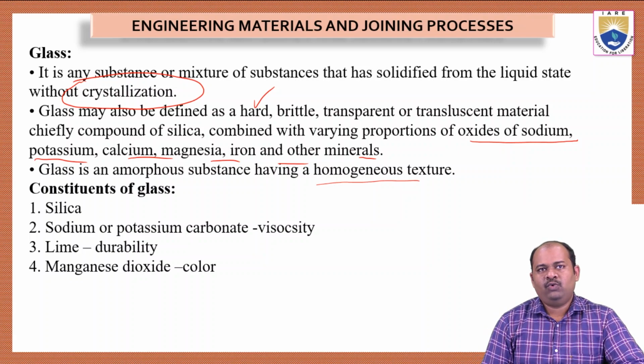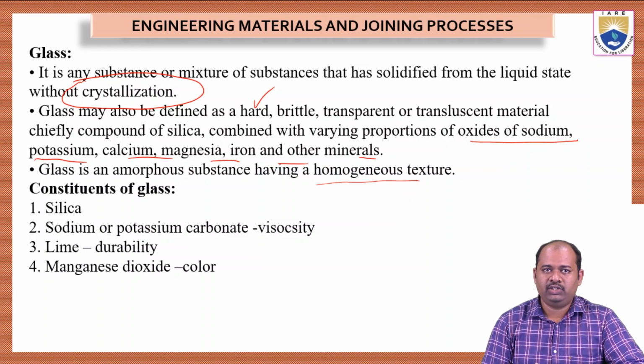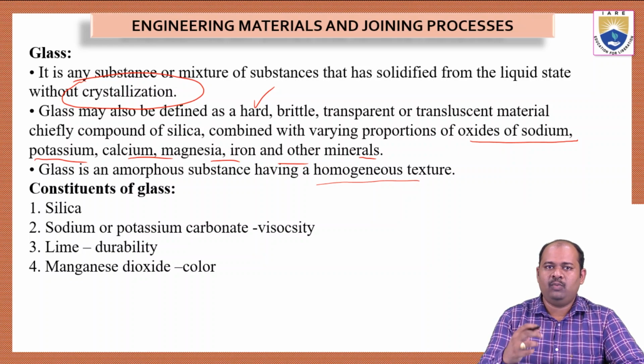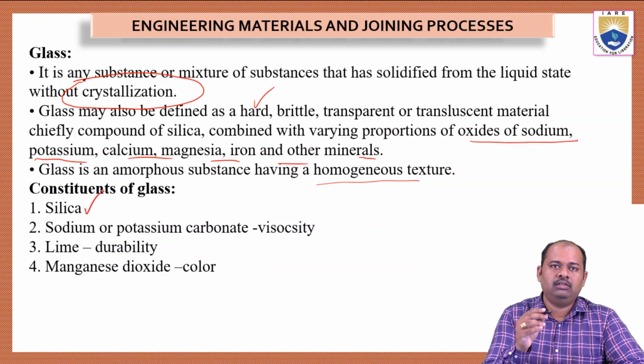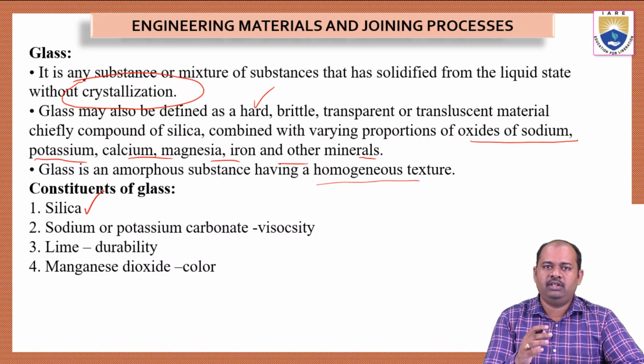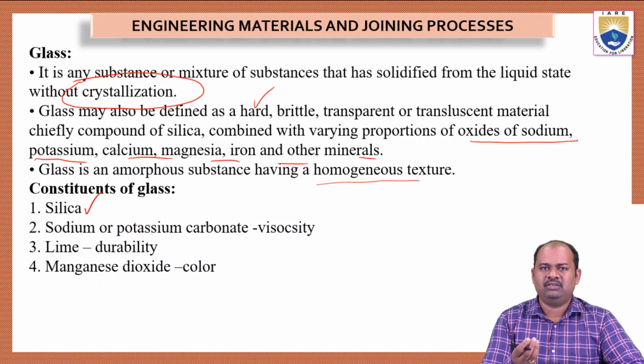So let us see the constituents of glass. What are the key components present in the glass? The first one is silica. Silica is the first component of any glass; without silica, there is no glass. Silica is similar to sand, so every glass is made from sand.